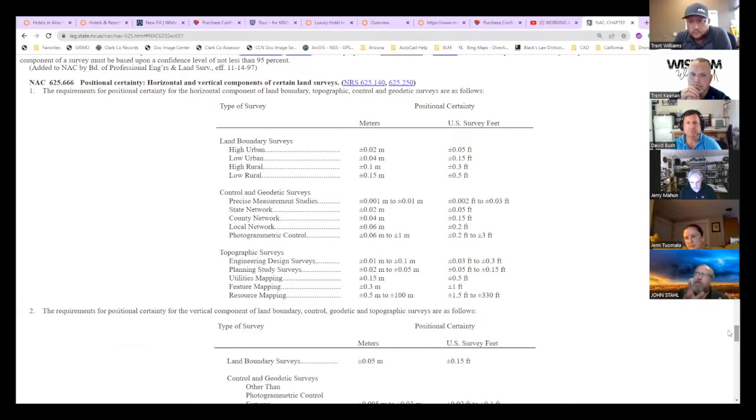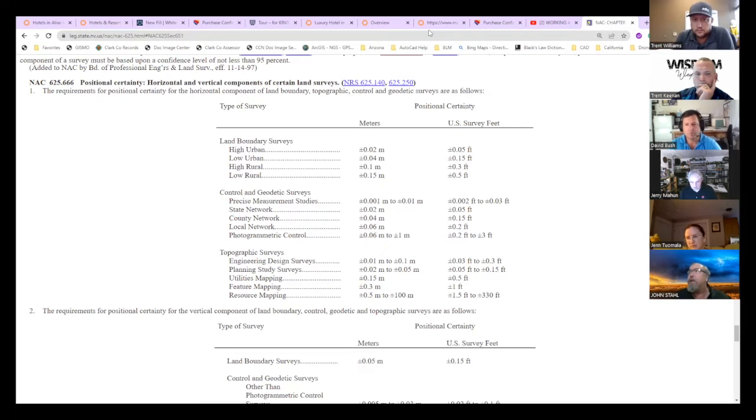Most of the states transitioned when ALTA standards did the same kind of transition. They had the urban surveys and the rural surveys and different closures for each one. They ended up doing a transition to basically try to accommodate GPS equipment, where you're not running that conventional traverse of running angles and measuring distances.